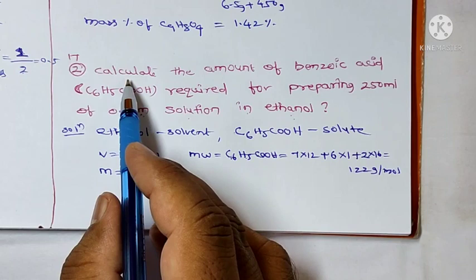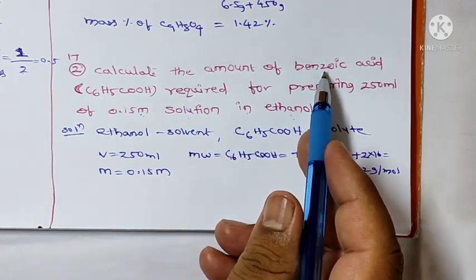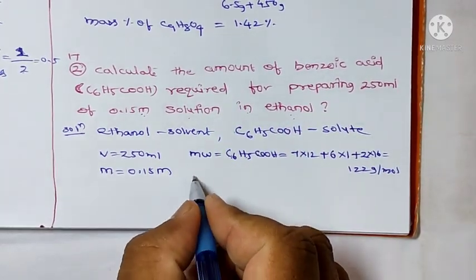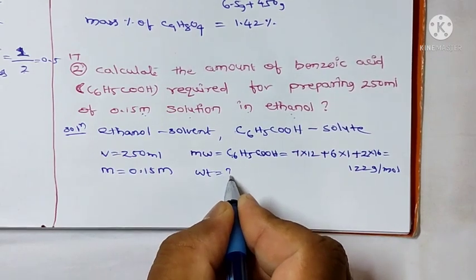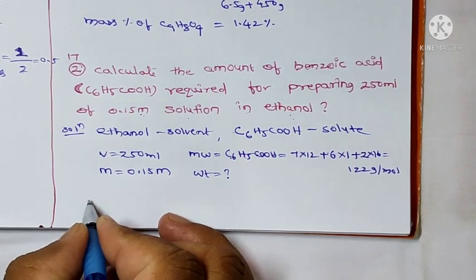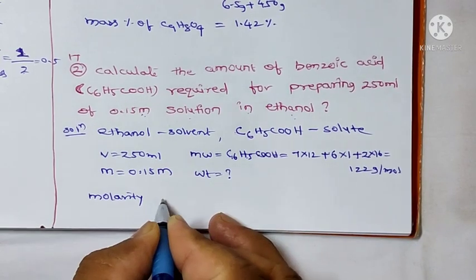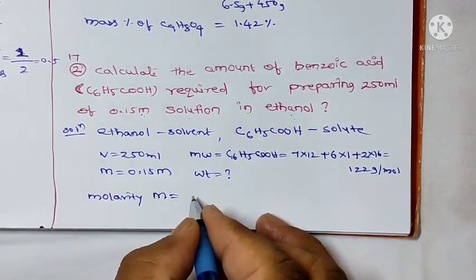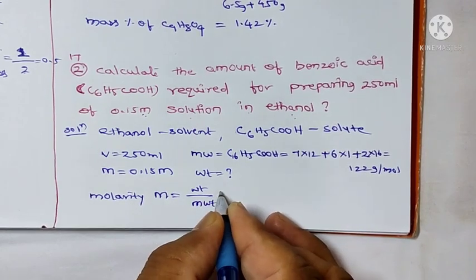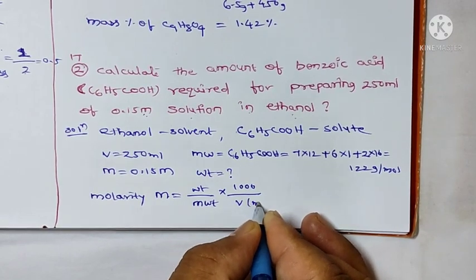And in this we have to calculate the amount of benzoic acid, meaning the solute amount. What is the solute amount? Weight is equal to how much? We know the formula for molarity: M is equal to weight by molecular weight into 1000 by V in ml.